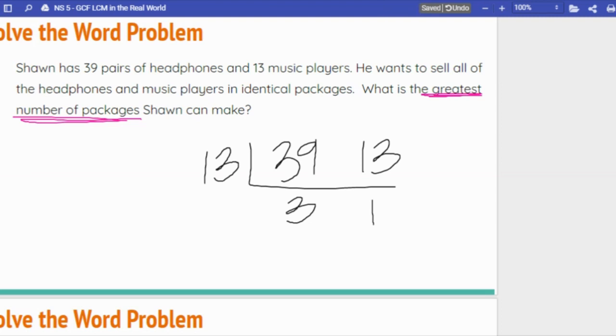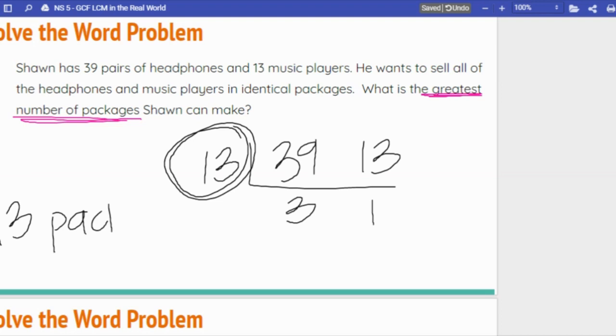So it's asking us for the greatest number of packages. So greatest common factor, I just take what's out front. This tells me that he can put together 13 packages if he wants them to be identical.